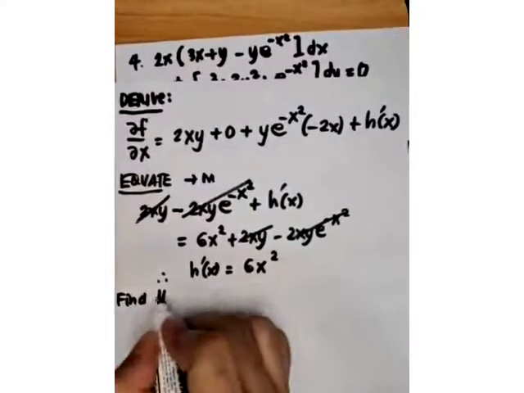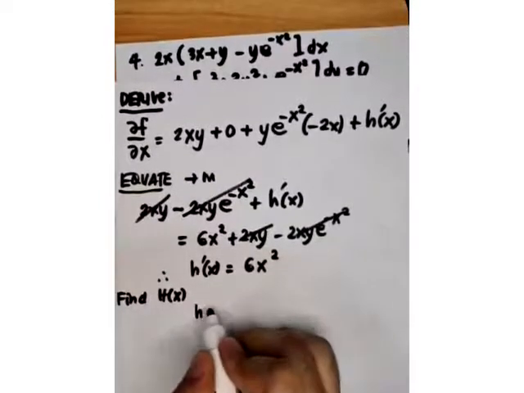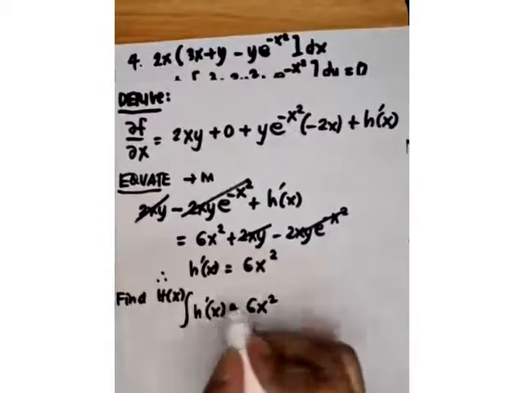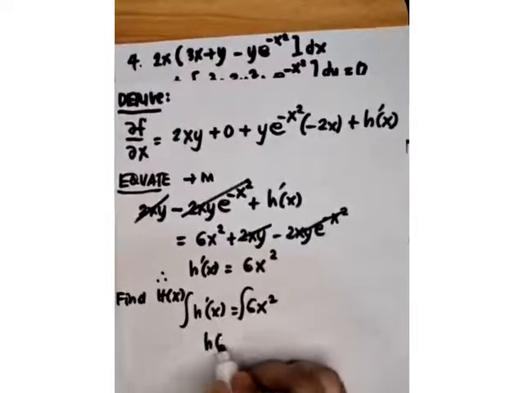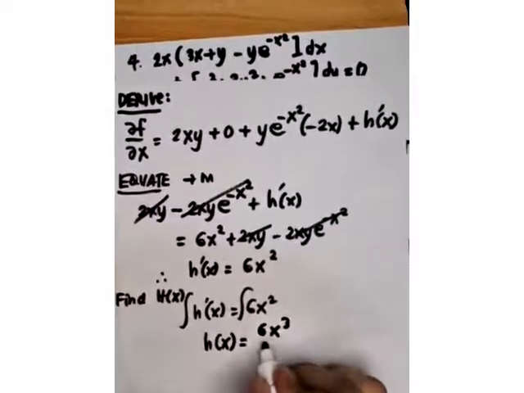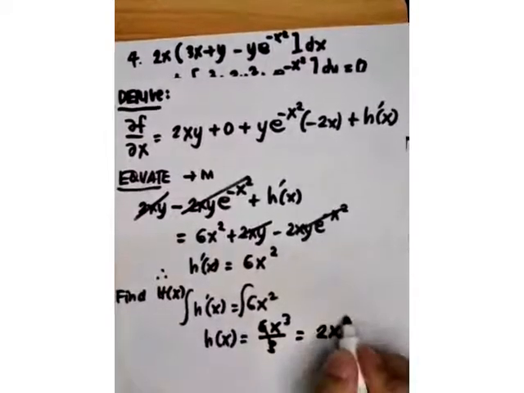Okay, so we need to find h of x. Yung h of x prime natin is 6x squared. Then we integrate. So, therefore, h of x is equal to 6x cubed over 3. Cancel natin, or this is 2x cubed.